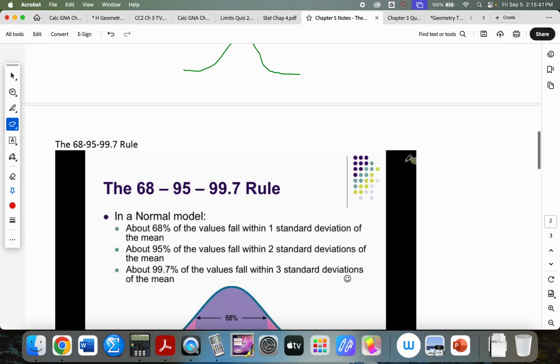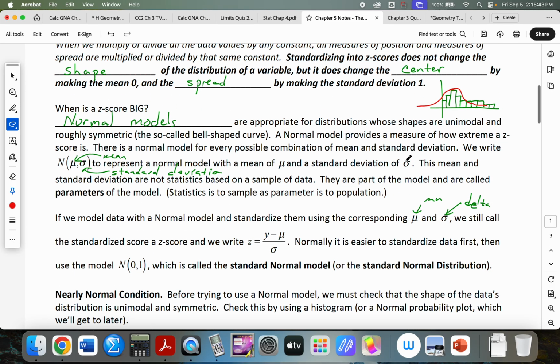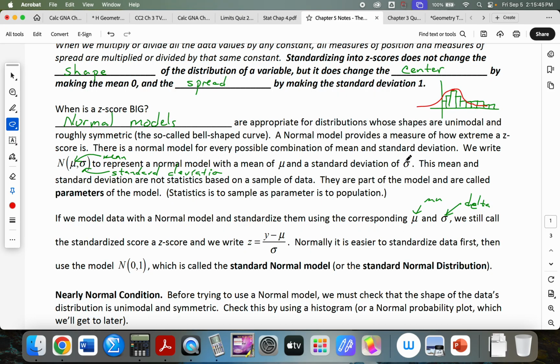So a normal model is like a standard for everything. We just use it to compare to other data sets. What we do is, from a histogram of our data, if that is unimodal and symmetric, then we can use a normal model to make predictions about things where, let's say, we have the histogram but we don't actually have all of the individual data points.